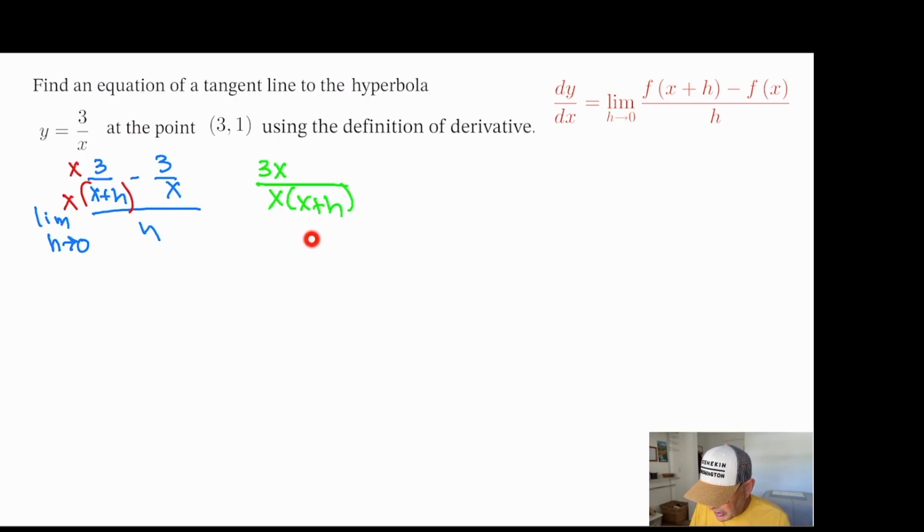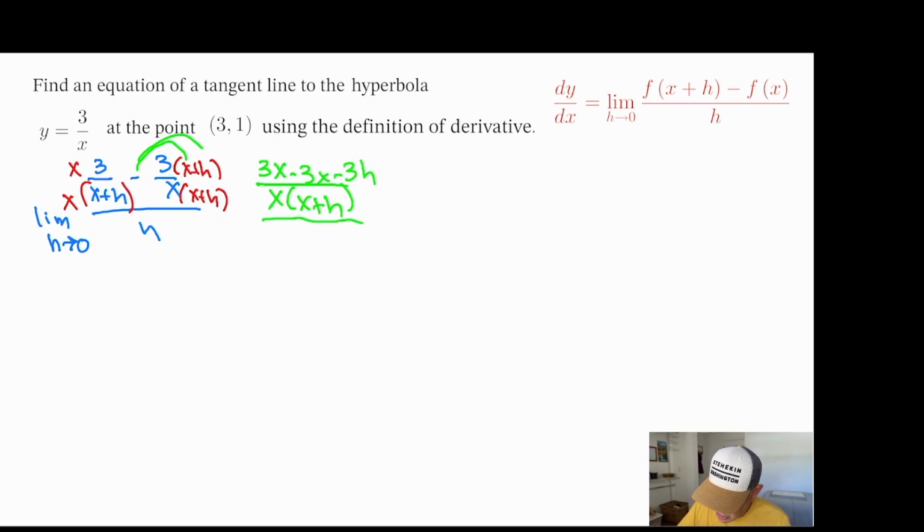To be common, I need to multiply it by x plus h. If I multiply the bottom by x plus h, I need to do the same thing to the top. If we distribute that, I would have a negative 3x and a negative 3h.